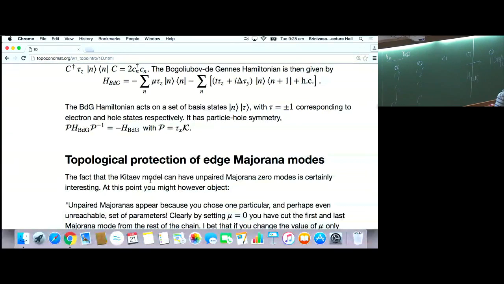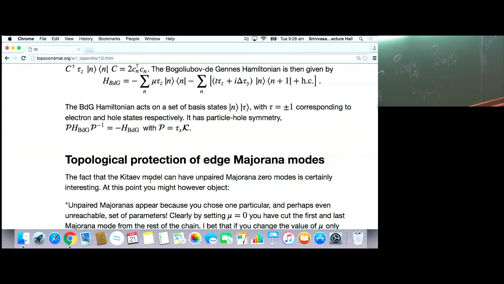So 1, and then 2, and so on. You should think of this as some kind of effective spin. Mathematically, it's just like a spin.